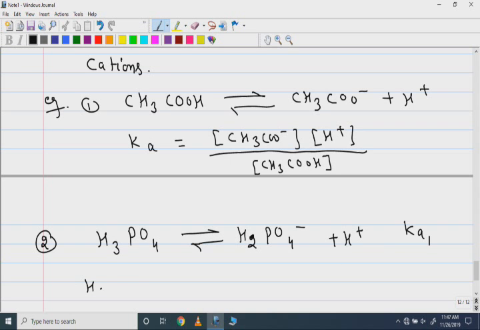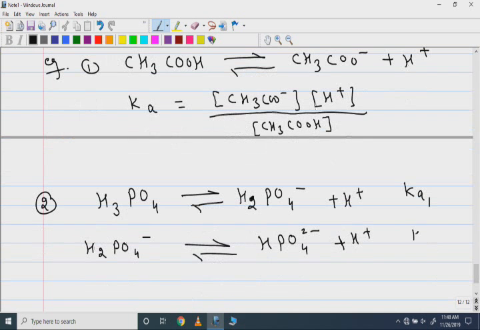Now H2PO4 minus can donate one more H plus, so this will get converted into this one. For this one I'll define Ka2, and HPO4 2 minus can donate one more H plus to convert into this form.